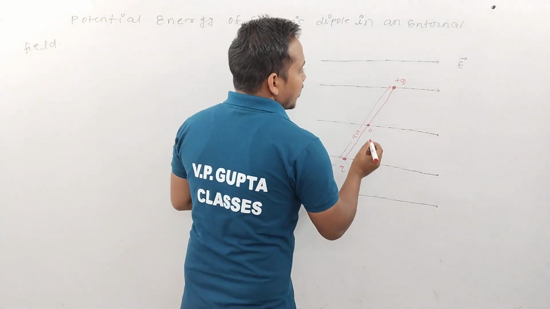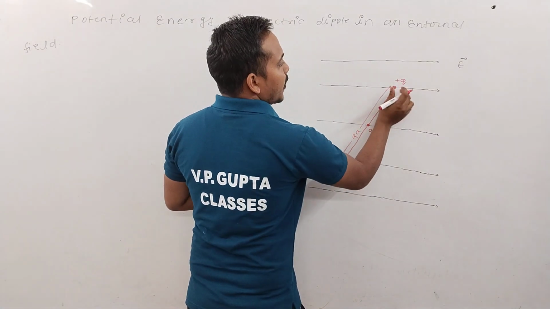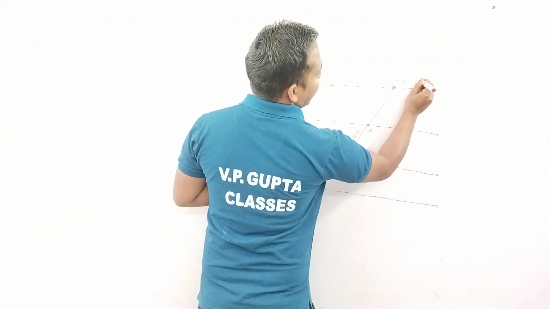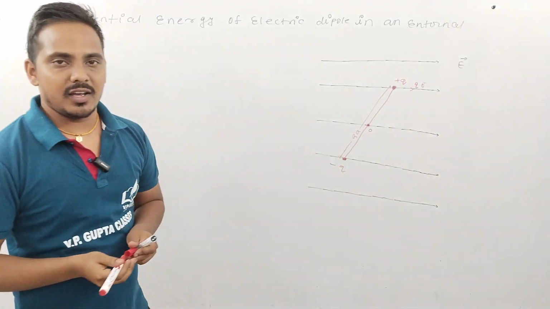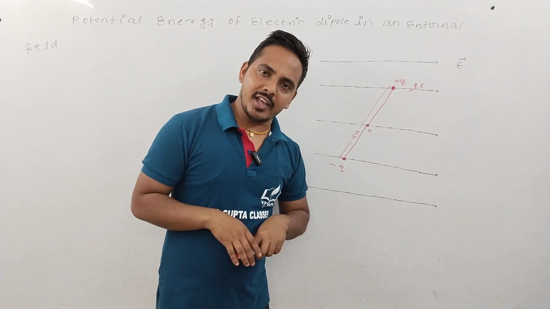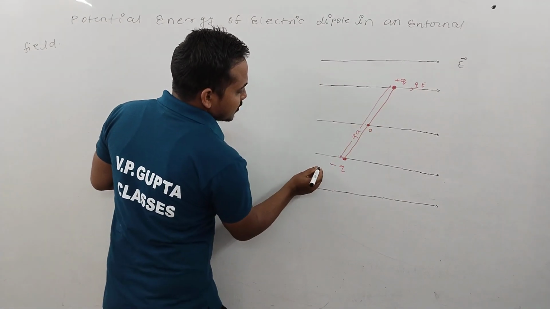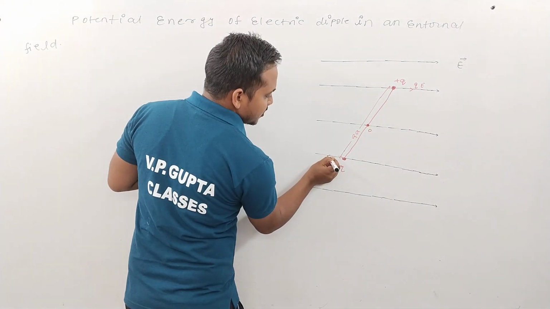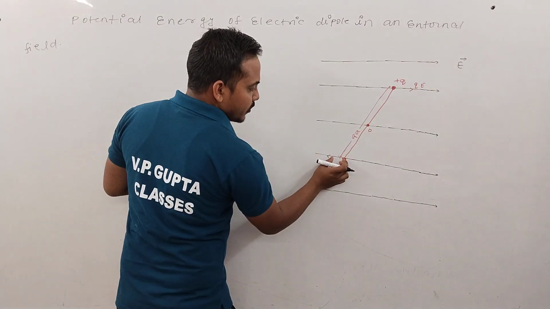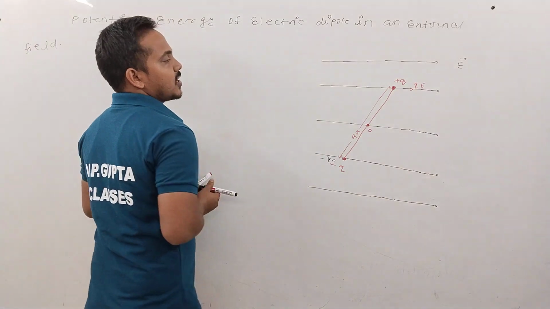The force on the charge plus q is qE in the direction of the electric field, and the force on minus q is also qE in magnitude but opposite in direction.